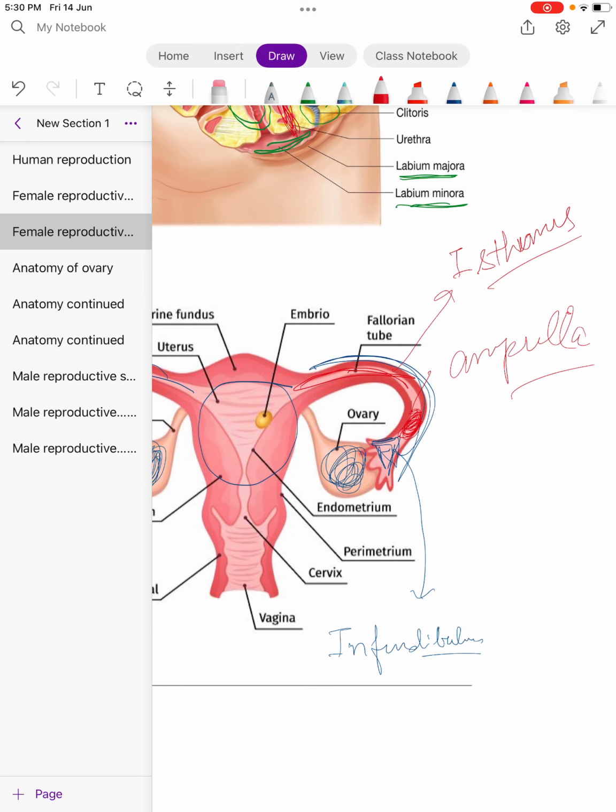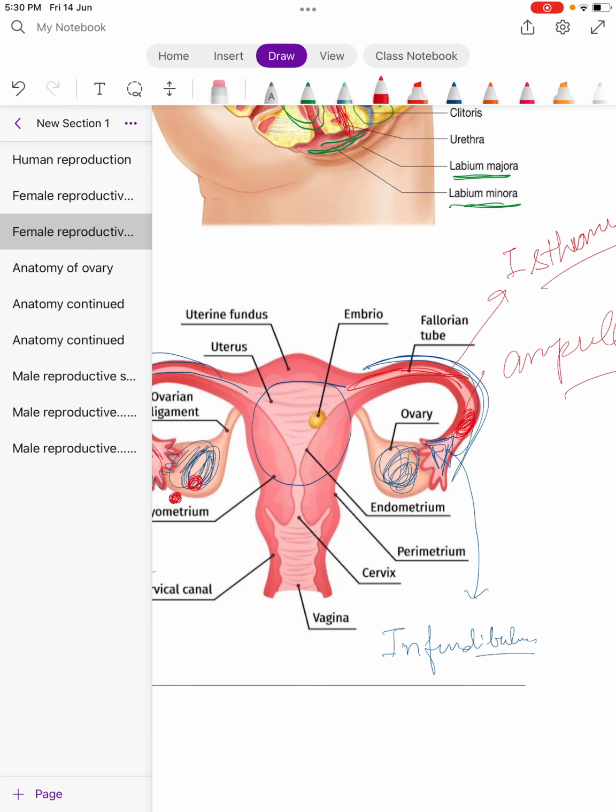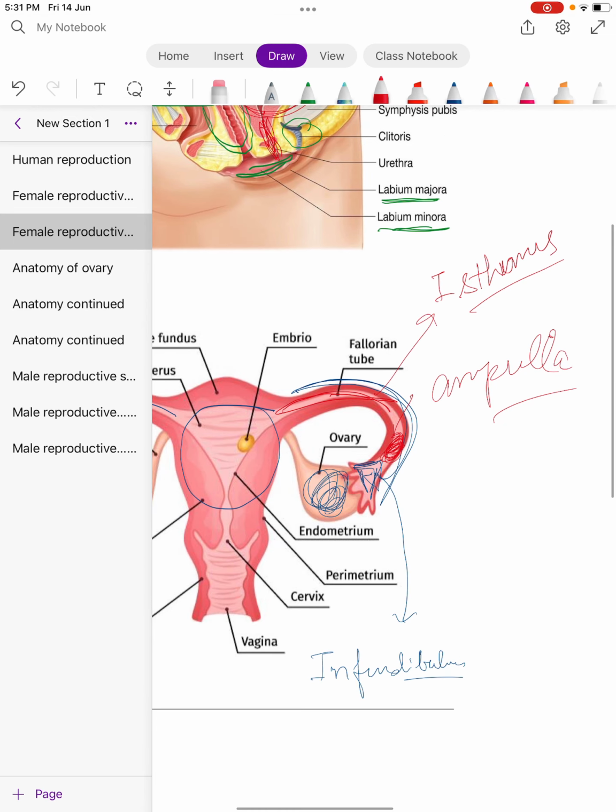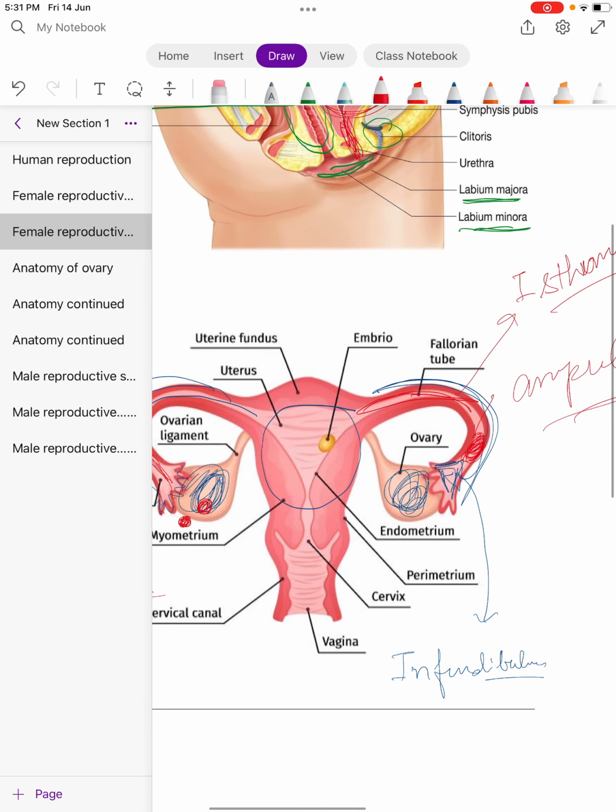Okay. Then again, this conical part is infundibulum. The next part, which is curved, is called ampulla. And rest of the fallopian tube is called isthmus. Okay, so these are all the parts of fallopian tubes.